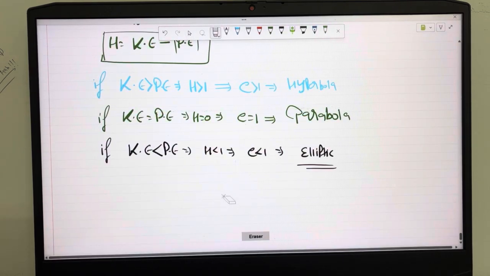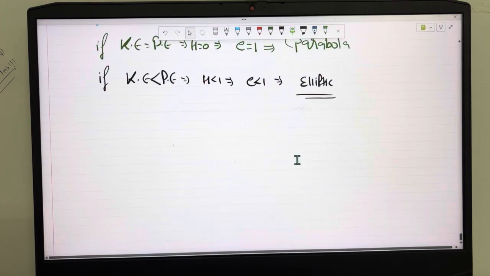Now we are going to enter into the orbits, that is the circular orbit or elliptical orbit. So basically now we are going to see the circular orbit.